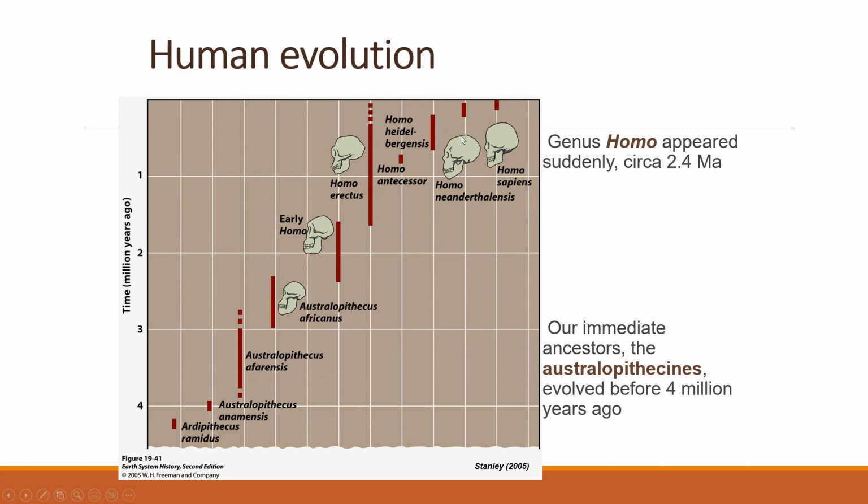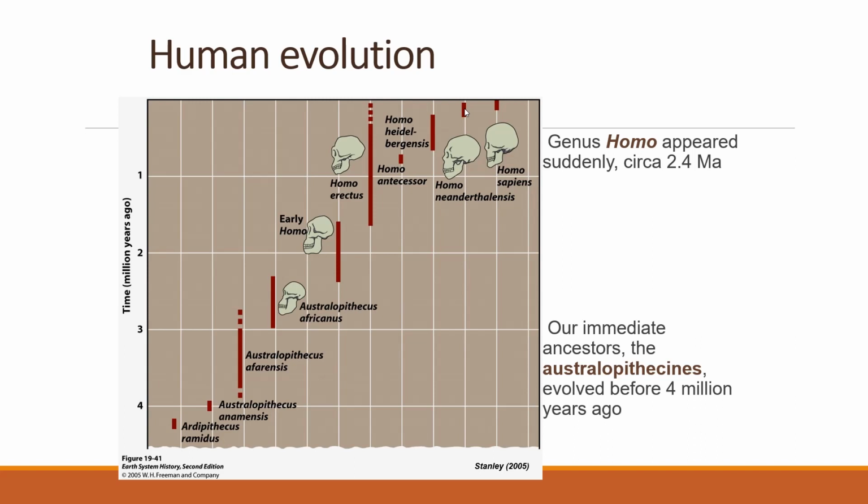Up here we see Homo neanderthalis and Homo sapiens. Homo sapiens are modern humans. Homo neanderthalis were related to modern humans, and there is some Neanderthal DNA still in modern humans, but they pretty much died out. All of this is happening in the Neogene.